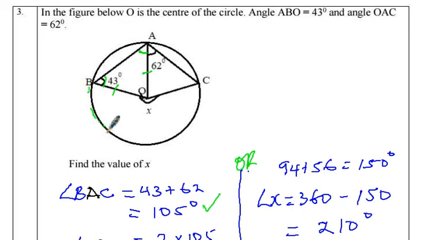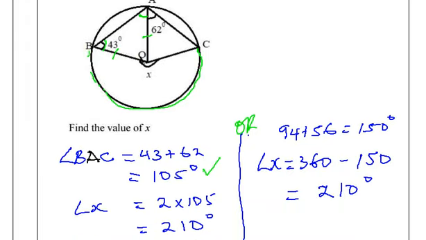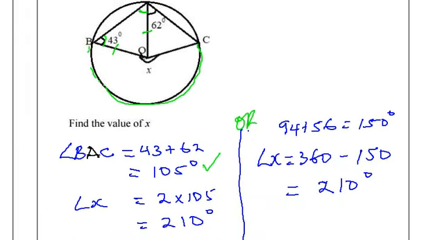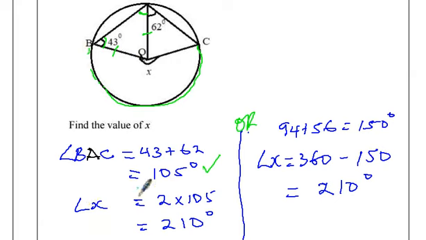This arc subtends a reflex angle at the center, but at the same time it creates this angle BAC, and the simple relationship there is angle subtended at the center by an arc is twice the angle it subtends at the circumference.